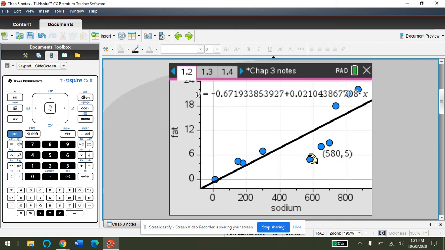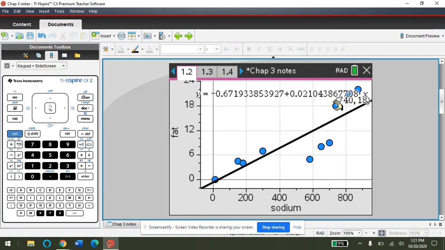For instance, this salad had way less fat than what we thought: we thought the fat would be almost 12, and it had 5 grams of fat.